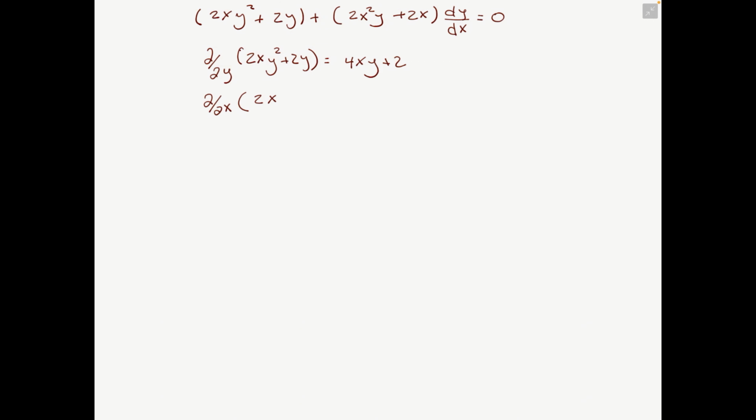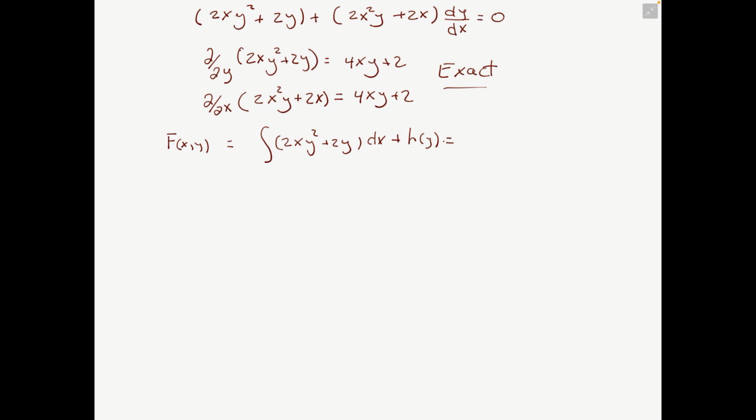So now we do our partial differentials: the partial with respect to y of 2xy squared plus 2y is equal to 4xy plus 2, and the partial with respect to x of 2x squared y plus 2x is equal to 4xy plus 2.